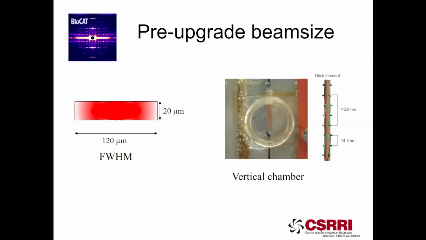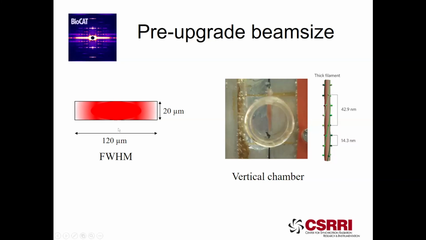The thing that affects fiber diffraction the most is probably the beam size. This is the pre-upgrade beam size. You have a much bigger horizontal beam size, so in order to better resolve the crowded structure along the myofilament, we want to put the muscle in the vertical direction, taking advantage of the smaller vertical beam.